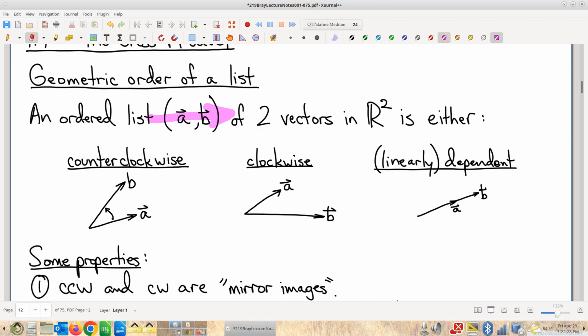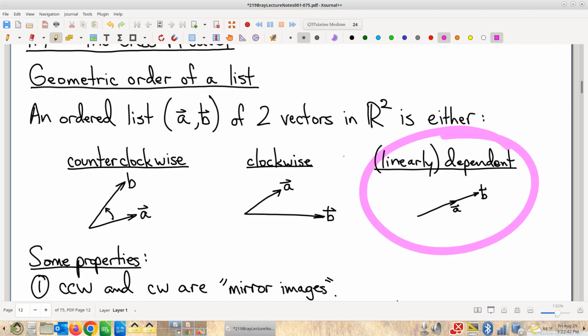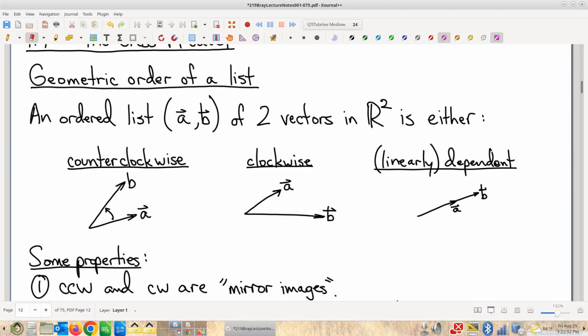And keep in mind, what we mean by counterclockwise is that first vector to second vector is a counterclockwise rotation. That's what we mean by counterclockwise. And likewise for the others. And then, of course, this being a catch-all for any situation where neither clockwise nor counterclockwise makes any sense. And it happens to be all of those are linearly dependent. Okay. All right.